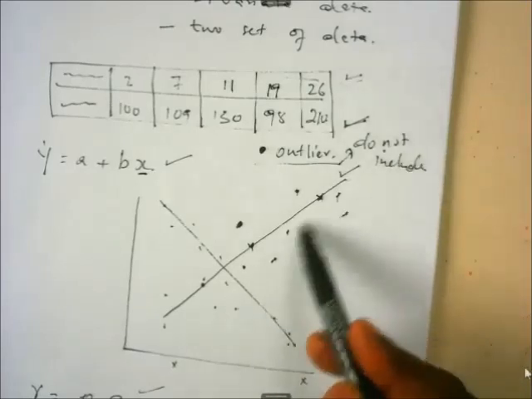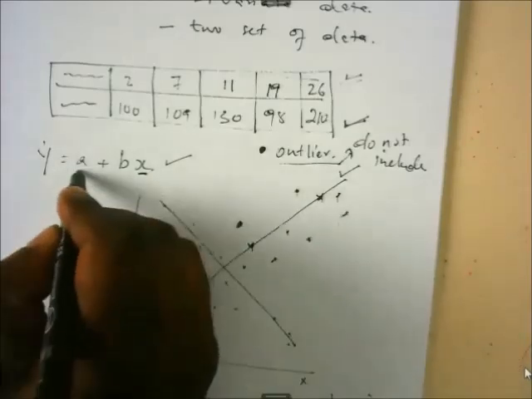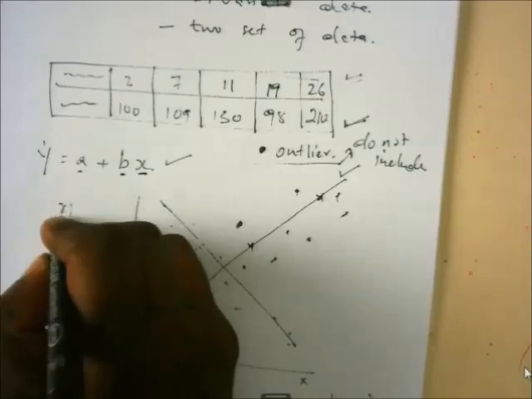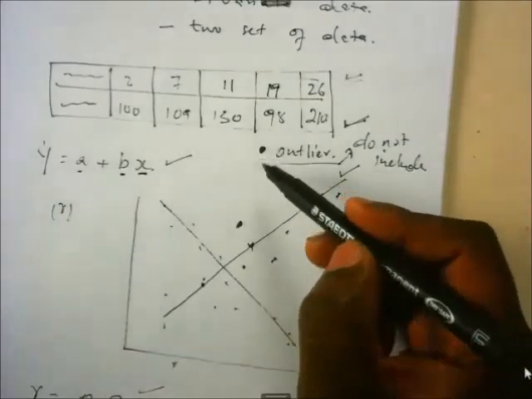When you're looking for the value of a, the value of b from the calculator, and the value of R, the correlation coefficient, don't include that value which is far from the other points.